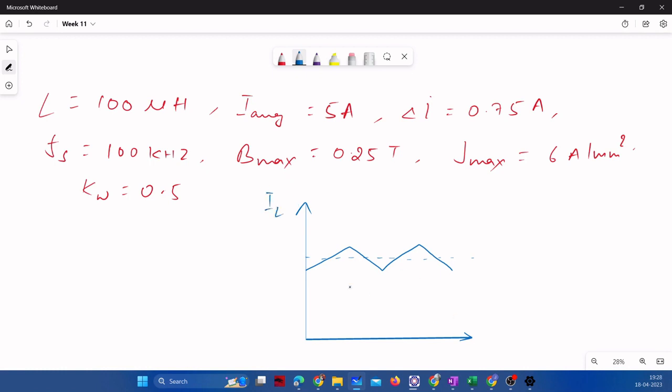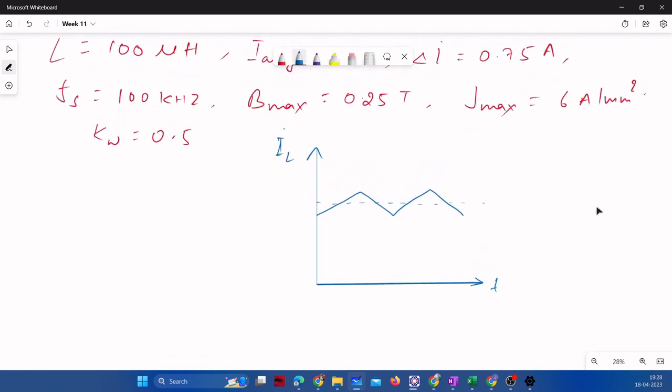So this is IL. In area product, whatever expression we have derived, that is L I peak into I RMS divided by Kw into Jmax into Bmax.